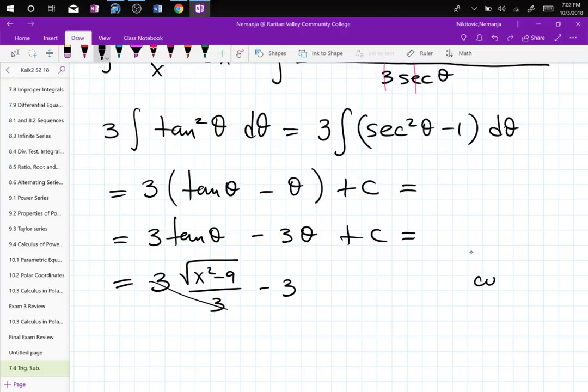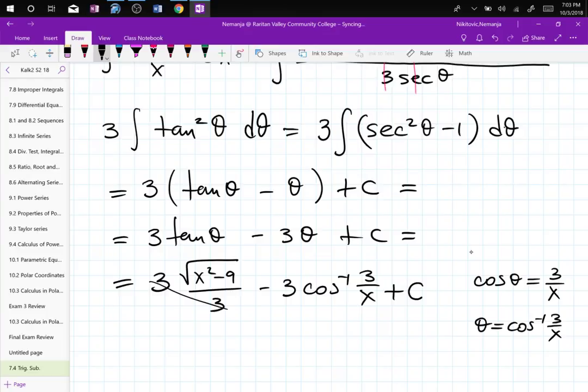So if cosine theta is 3 over x, then theta must be inverse cosine of 3 over x. So inverse cosine of 3 over x plus C. The 3's are cancelled, so that's it. So the answer is the square root of x squared minus 9. Well, I'll write it one more time. There it is.